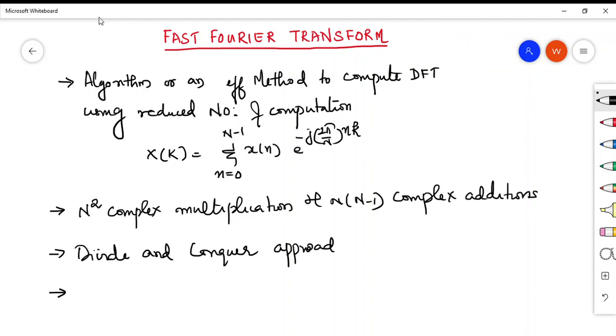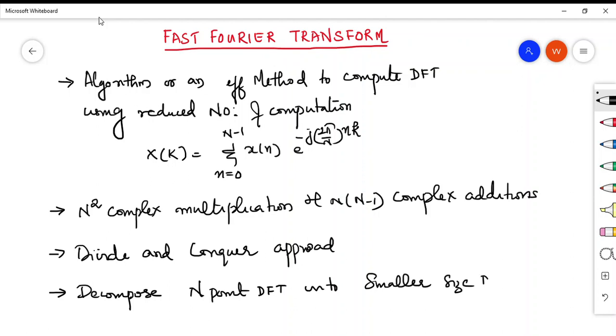In this, we decompose the N-point DFT into smaller size DFTs. If you have an N-point DFT, it will be further divided into smaller size DFTs, and from the smaller size DFTs you can find the larger DFT.